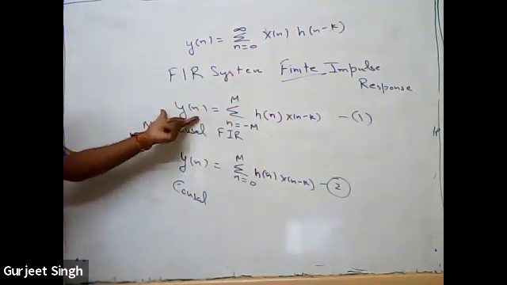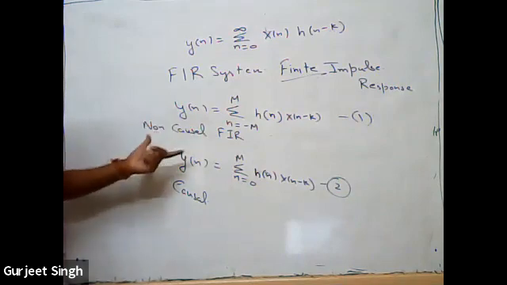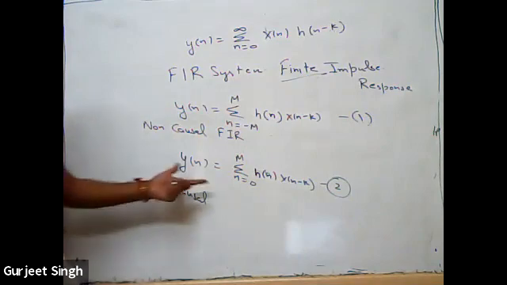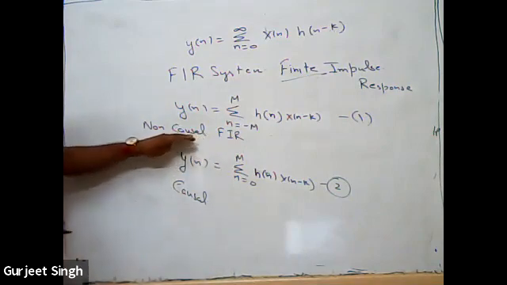This is the equation for the non-causal finite impulse response system. This is for the causal FIR system. What is the non-causal?